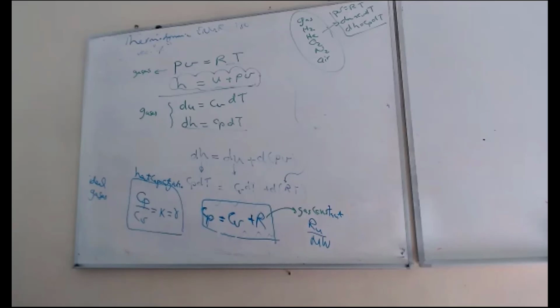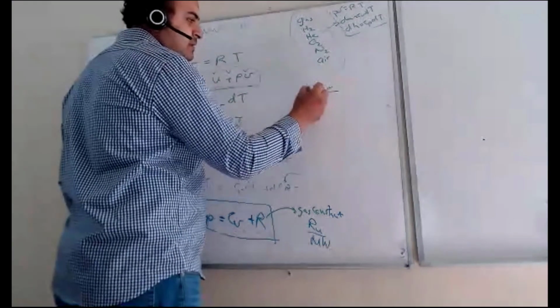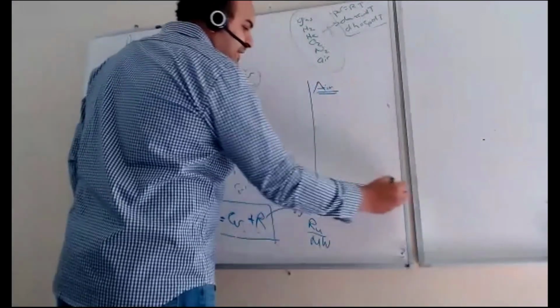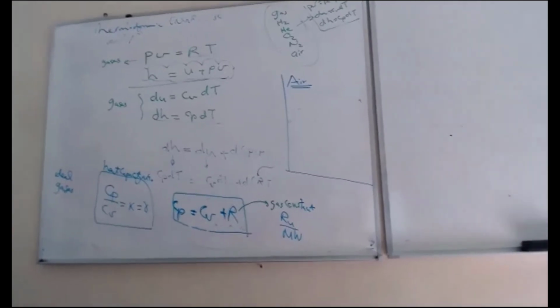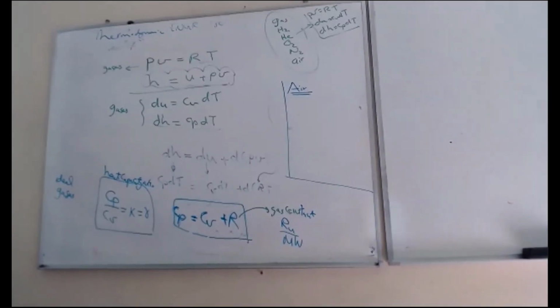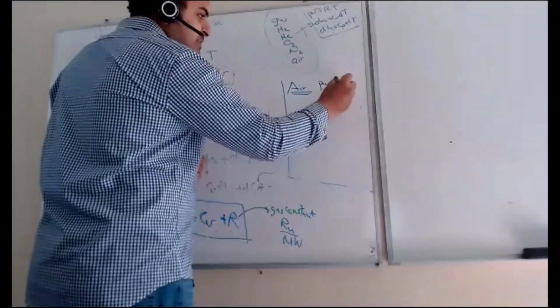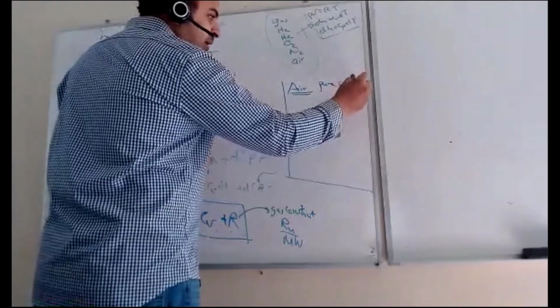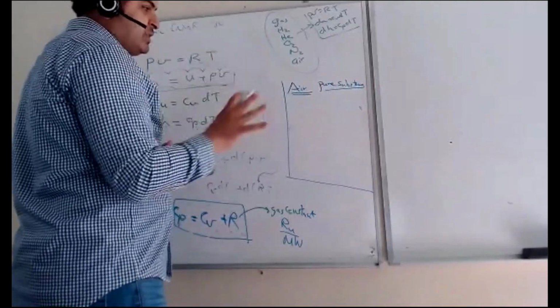Let's take an example, air. Air is a very famous substance. It is about 79% nitrogen, 20% oxygen, almost 1% carbon dioxide, and some other gases like argon. Air, we consider as a pure substance, as one thing called air, with this composition of other gases.